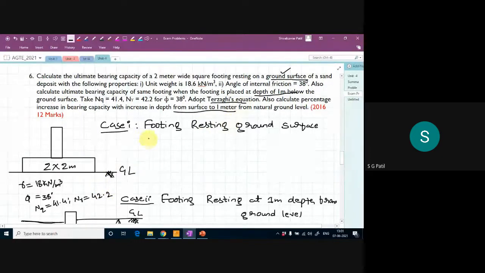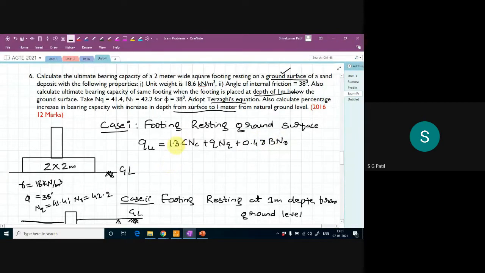Okay, so let's first calculate the ultimate bearing capacity for case 1. QU is equal to, what is the formula? This is a square footing now, so 1.3 CNC plus QNQ plus 0.4 gamma B N gamma.